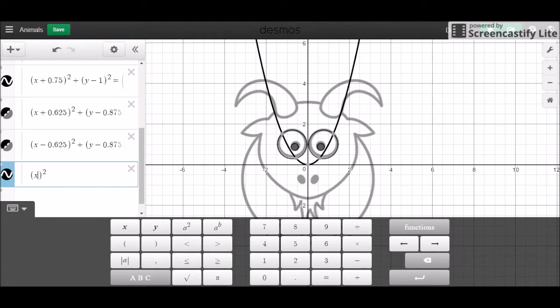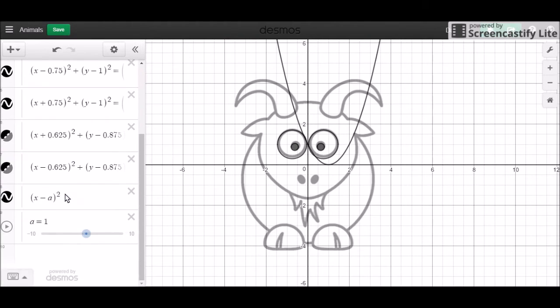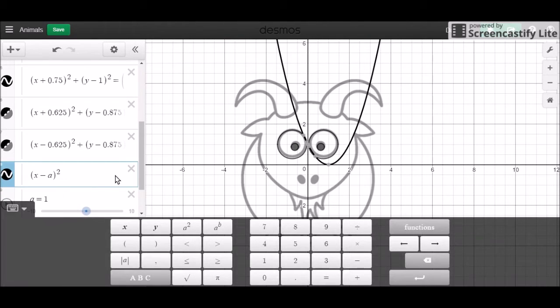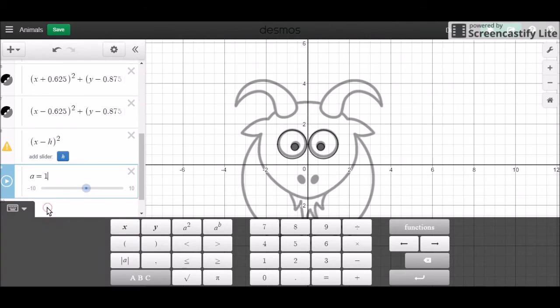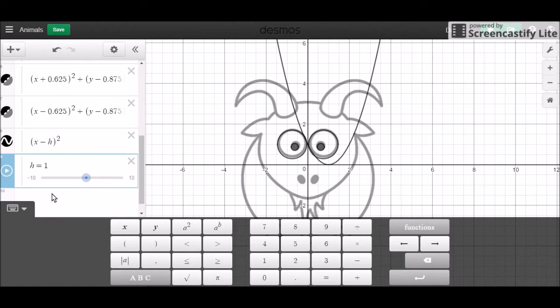I want to change this to plus. Change this to minus an arbitrary value so that we can worry about that later. I'm actually going to use h, so let's call it h.